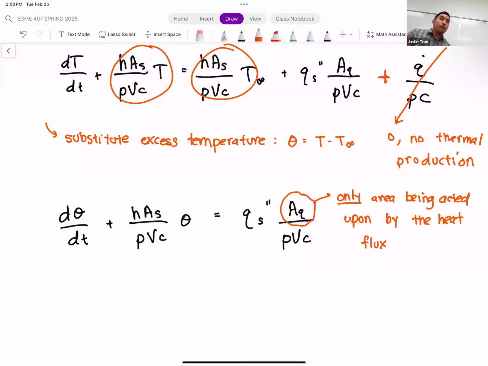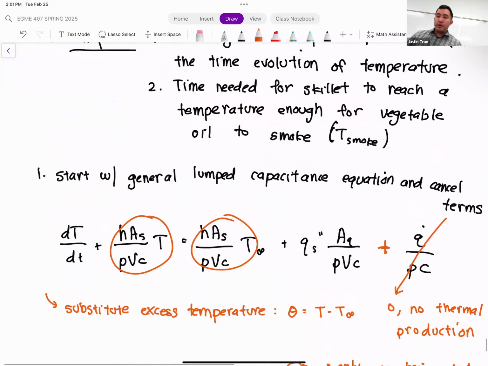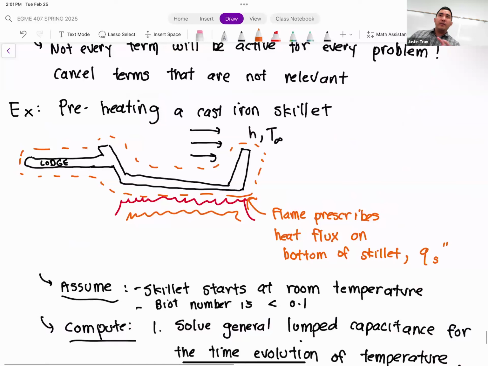That's why we have them separate. For the convection, we have A sub s. For the heat flux, we have A sub q, because oftentimes this is going to be different. For this problem, it's hopefully pretty clear why: the flame is not heating up the pan all around it.